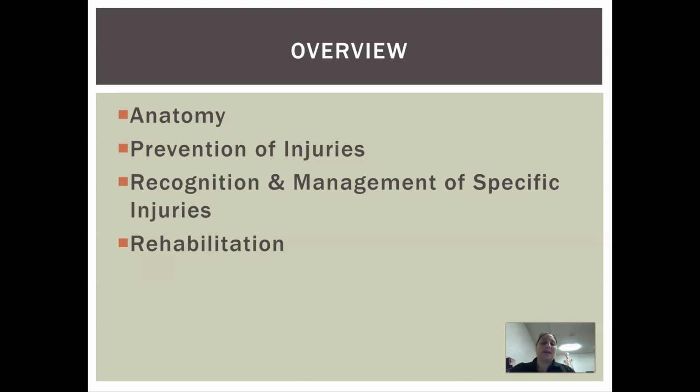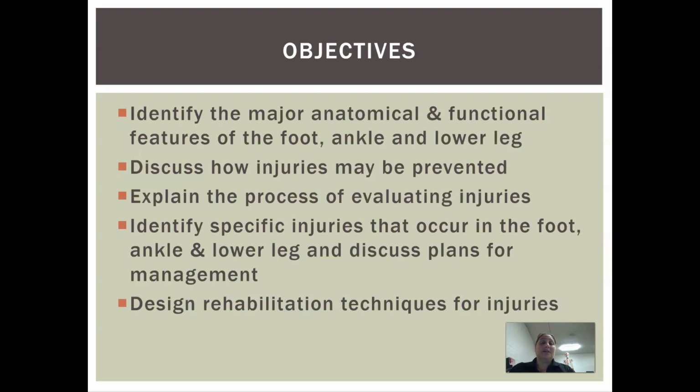And then being able to recognize and manage specific pathologies of the foot, ankle, and lower leg, and how we're going to rehab them. The specific objectives of this class are to identify major functional and anatomical features of the foot, ankle, and lower leg, and figure out how we can prevent these injuries from even occurring and not clogging up the urgent cares and emergency departments, because foot, ankle, and lower leg injuries occur across the board, regardless of what sport you play or just stepping off the curb wrong.